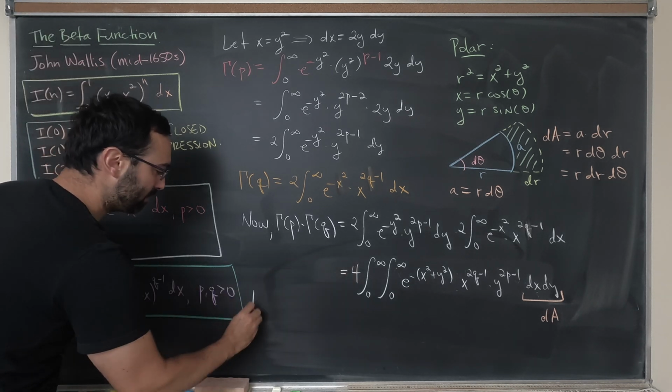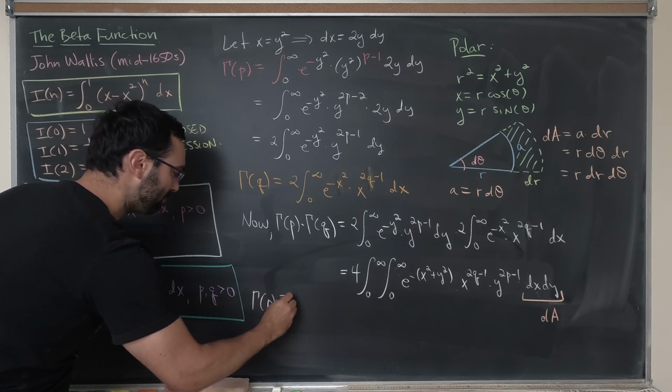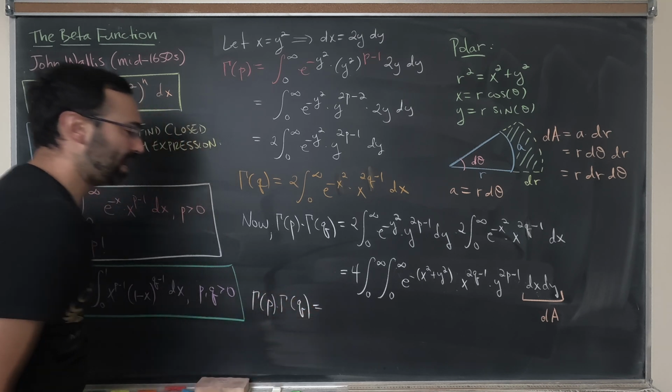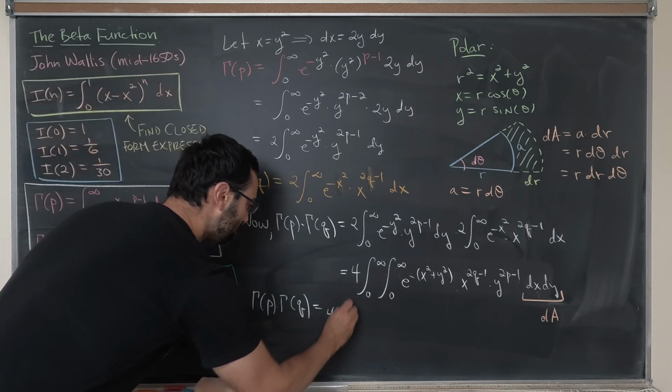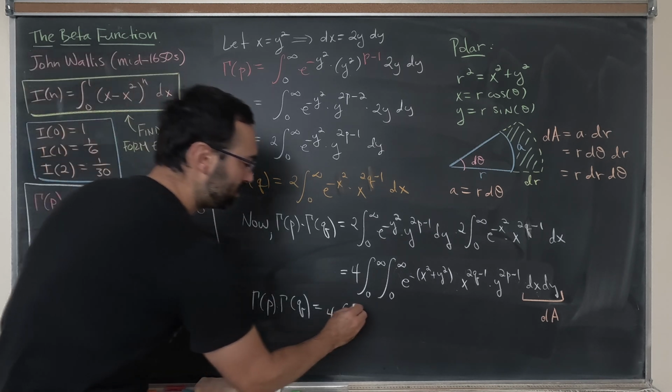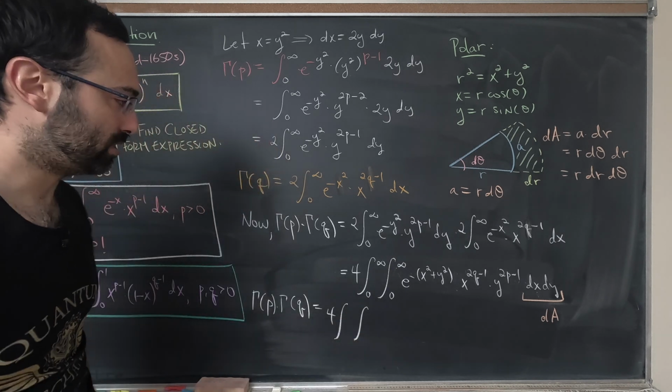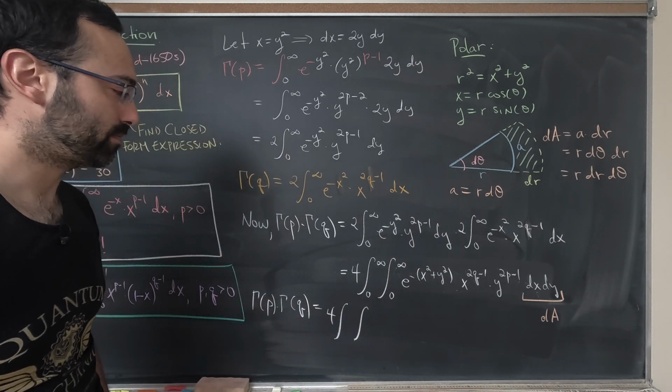Coming back down here, gamma of p times gamma of q is nothing more than 4 times the integral from, okay, we'll need to find out our bounds in a moment, so let's just leave that off to the side for a second.